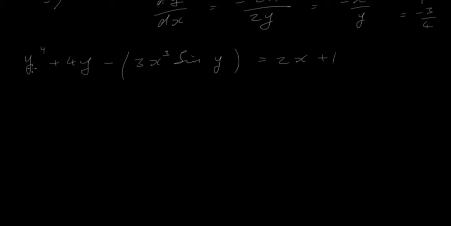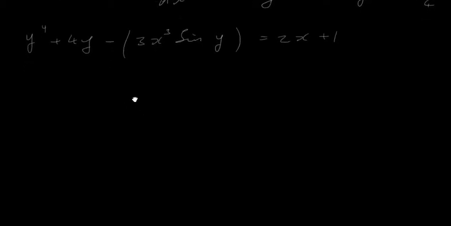Now here we have a y to the power of 4, here we have a 4y, here we have a sine y. I haven't tried rearranging this, but I think it's very difficult, if not impossible, to isolate y, to write y in terms of x here. So I'm not even going to try it, but what I'm going to do is differentiate this implicitly.